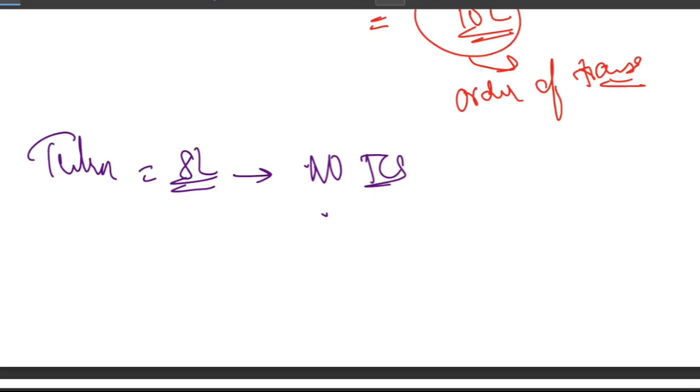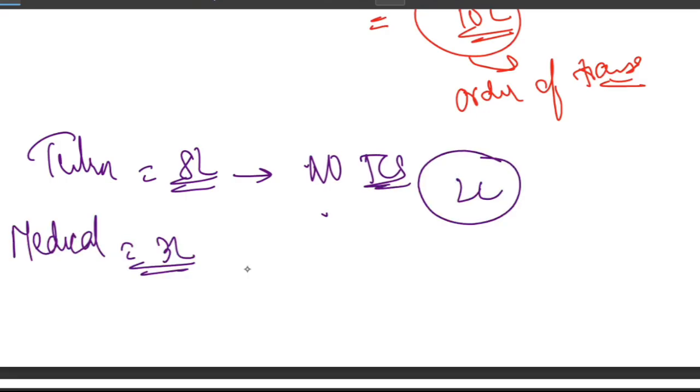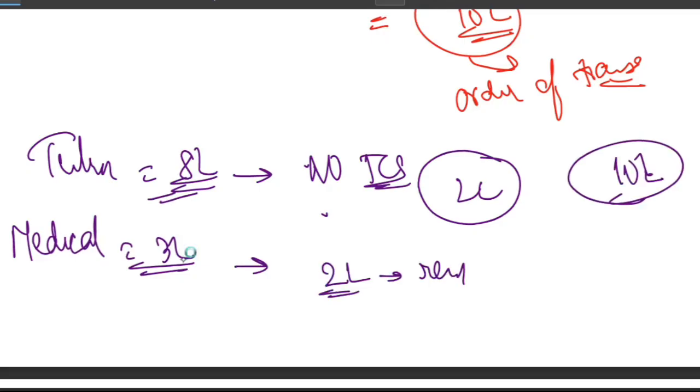Now medical is 3 lakh. Out of 10 lakh, 8 lakh has been consumed. 2 lakh is left. So out of this 3 lakh, 2 lakh is consumed in the remaining threshold, and the remaining 1 lakh crosses the limit.